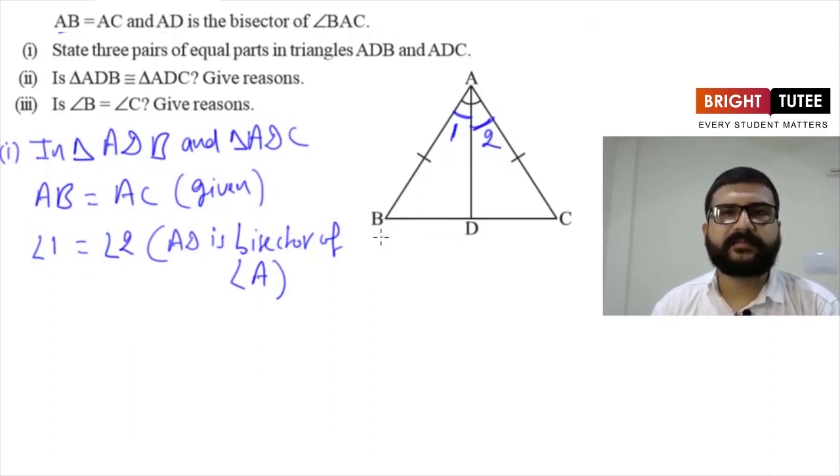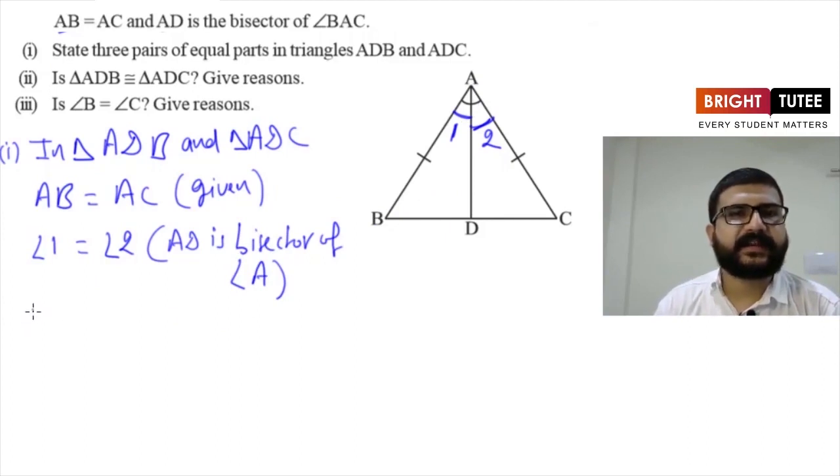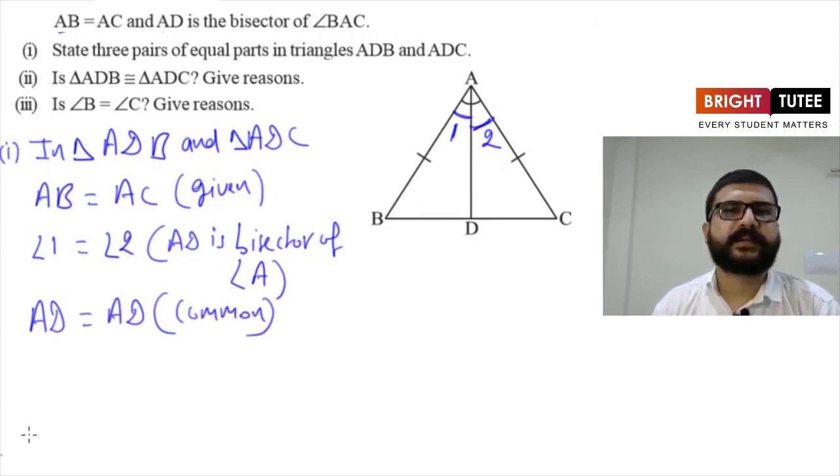And what else do we have? We have one of the side as common side between both the triangles, and that is AD. So we can write it here, AD is equal to AD, and in the reason we will write common side. So now these are the three pairs of equal parts of triangle ADB and ADC.